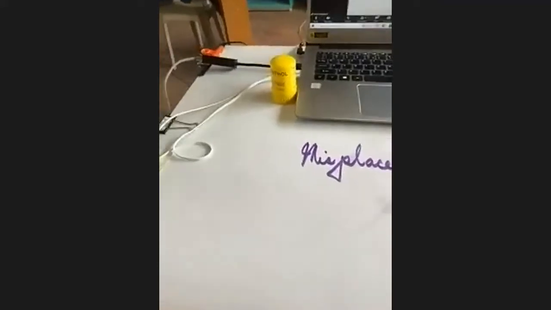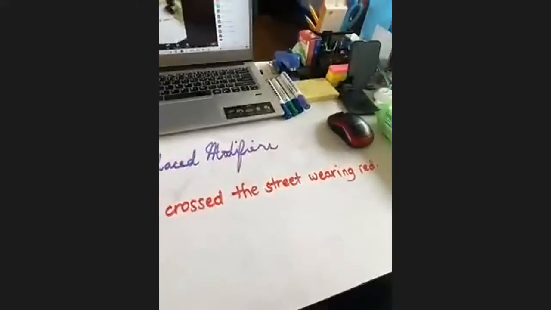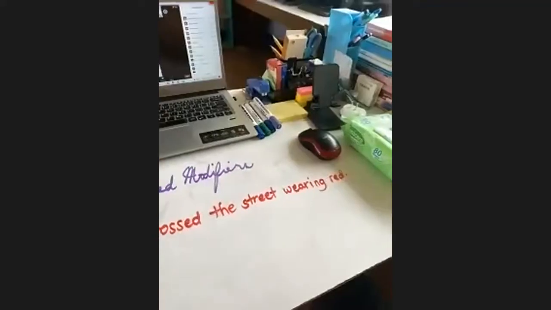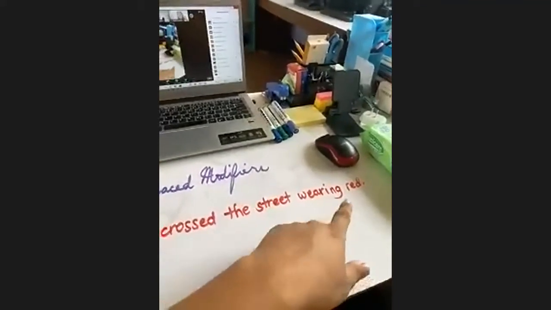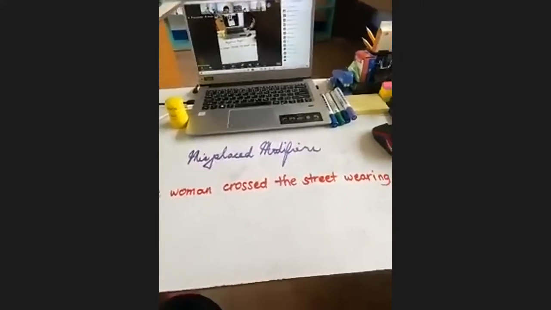For instance, the sentence is this: the woman crossed the street wearing red. Again, the sentence is, the woman crossed the street wearing red.